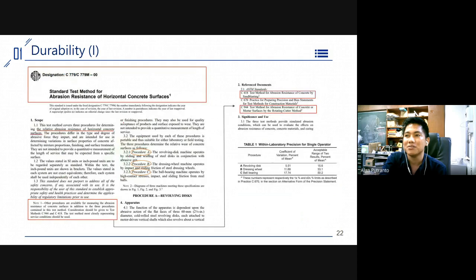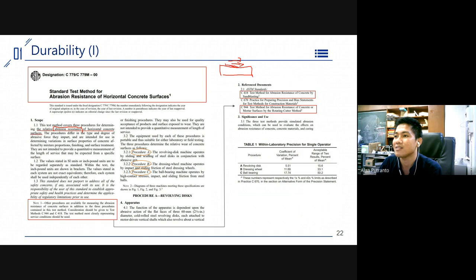Now, can you see my PPT? This one is ASTM C779. I will briefly explain this ASTM. It is for abrasion resistance of horizontal concrete surfaces, so if we have a concrete structure, this is for the resistance of this horizontal part.